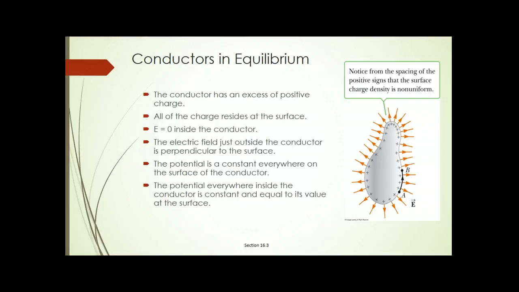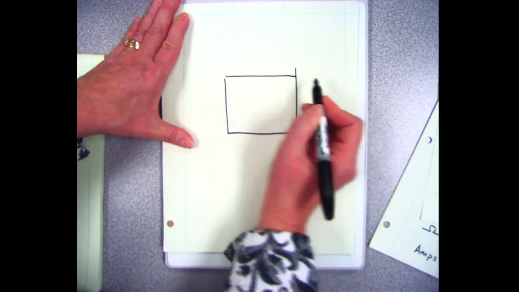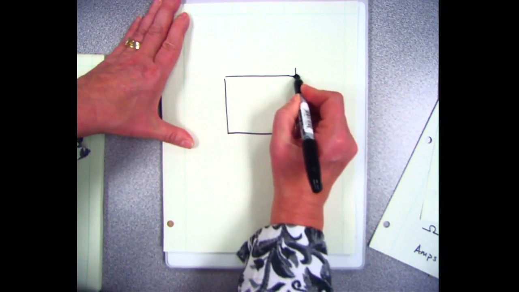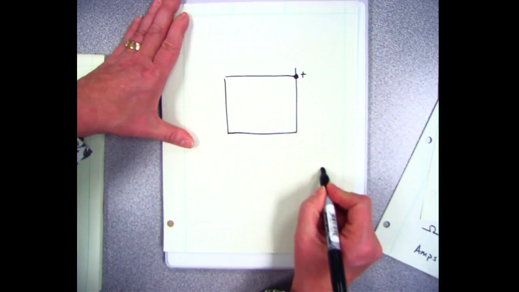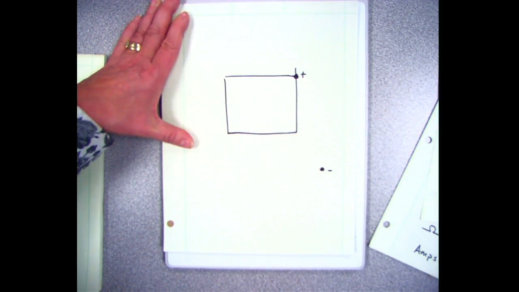But if the paper's working, and on your paper you had an electrode that looked like this, and I put my little positive charge over here, and I had a negative charge set up over here, if I tried to measure something inside of this box, I got a bunch of zeros.